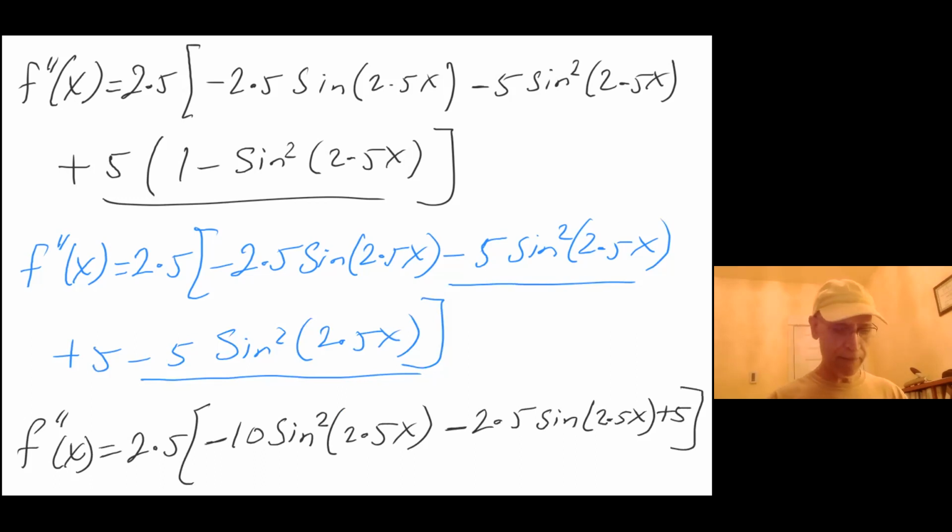And so I'm going to go ahead and factor a 2.5 out of this, and this. Actually, I can factor a negative 2.5. So factor negative 2.5 out. Let's go to the next page.